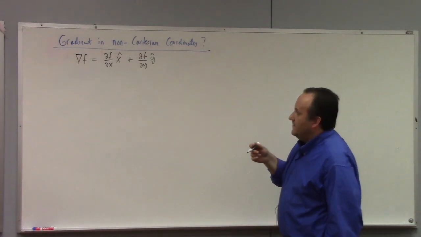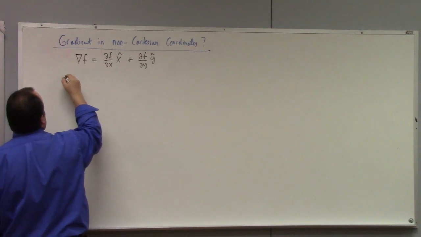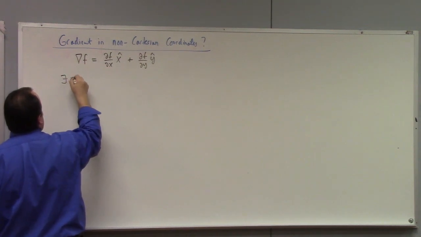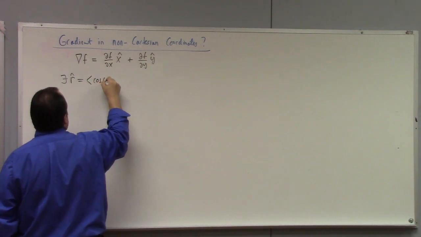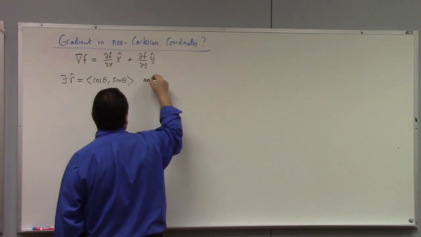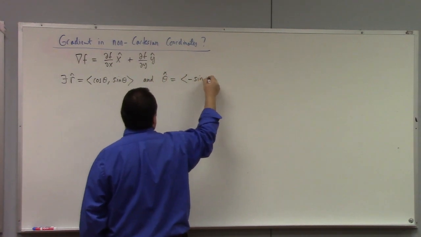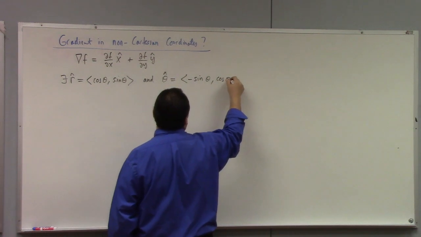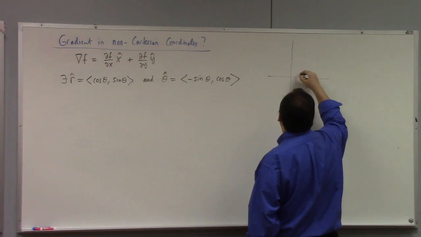But on the other hand, I have derived for you guys that there is r hat, which is by definition cosine theta, sine theta. And there's also theta hat, and I'll have to check myself on this, minus sine theta, cosine theta, I think. Although, let me take the mystery out of it. Let's just look at a picture, right?